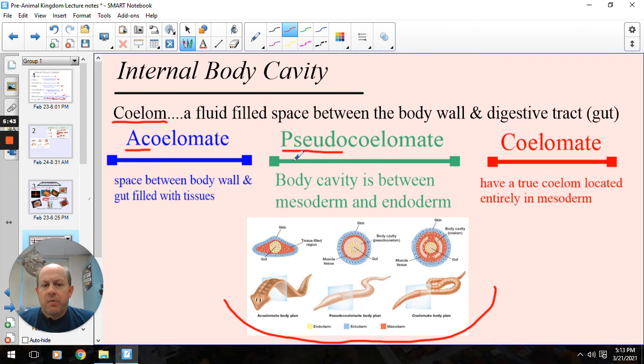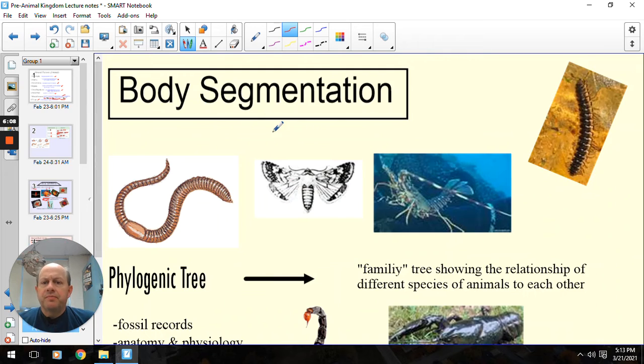So that would be a pseudocoelomate, and that's going to be our roundworms. Segmented worms, like earthworms and leeches, are going to be what we would call coelomates. So if you notice in the red here, there's a space that's completely surrounded by mesoderm. So acoelom, pseudocoelom, and coelom, just a way that we can help kind of categorize things.